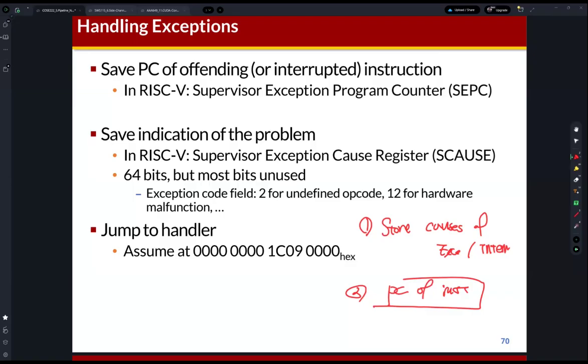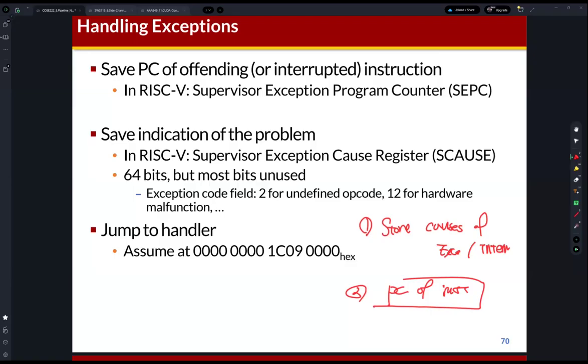The PC needs to be stored, but this is an exception, so this PC is stored in a special register, not the return address register. The return address is a general purpose register, and these general purpose registers are updated by instructions, right? But exceptions are supported by hardware.